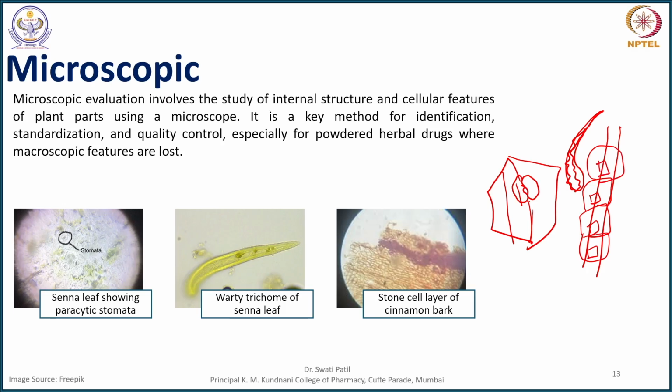But if we see a stomata and a trichome with this, we can say that this is the powder of a leaf. If we see cork along with this, we can say it is licorice powder. So, this is how we can identify whether it is a leaf powder, a bark powder or a fruit powder. Suppose we see endosperm which is rich in oil.